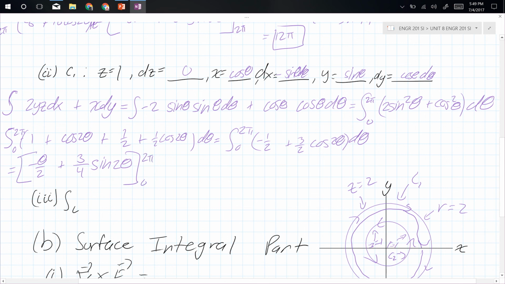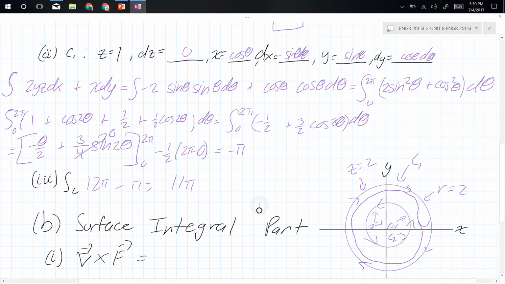This sine term is still going to go to 0, so I'm not even going to worry about that. So it's going to be 2 pi minus 0 times negative 1/2, which equals negative pi. Which makes the integral for C 12 pi minus pi, which equals 11 pi.